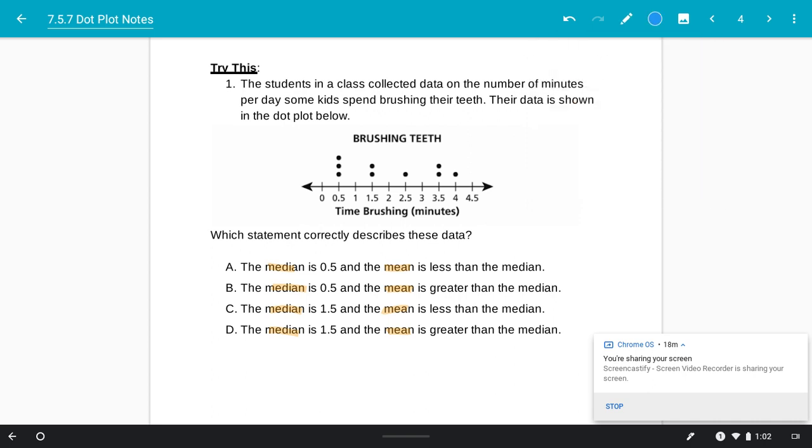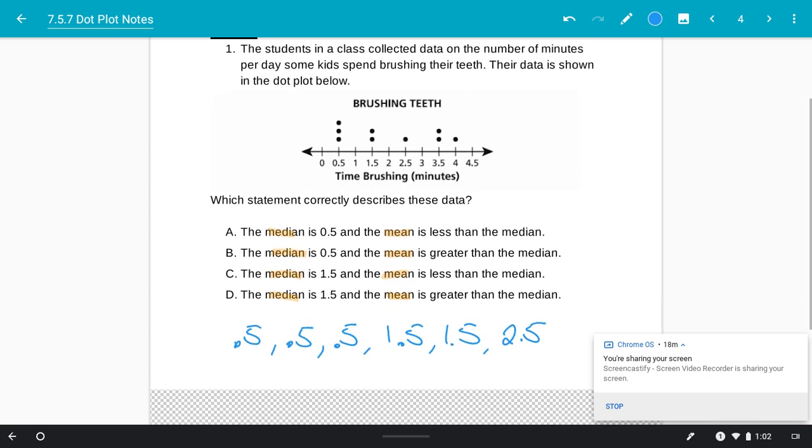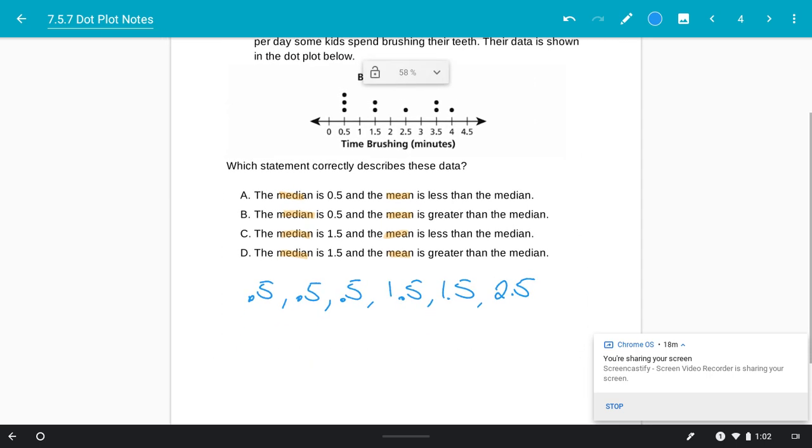So I have 0.5 happening 3 times, 1.5 happening twice, 2.5 happening once. I'm going to run out of space here. And then 3.5 happening twice, and 4 happening once.